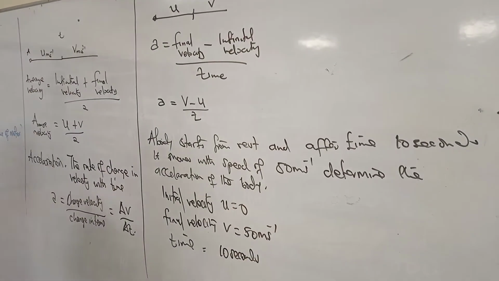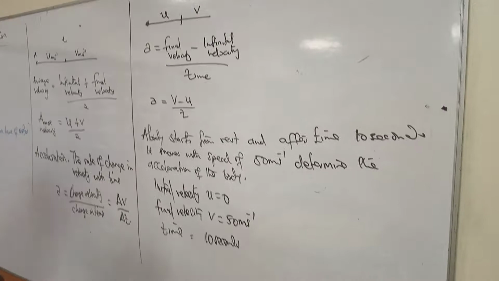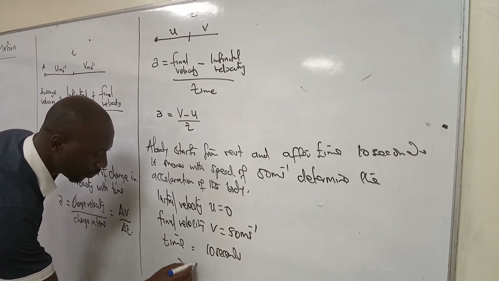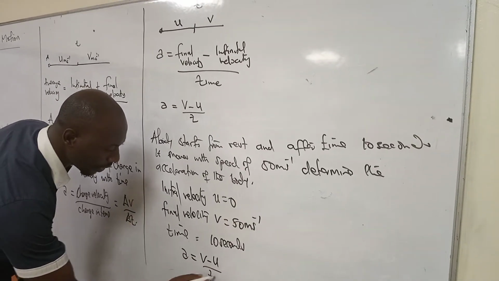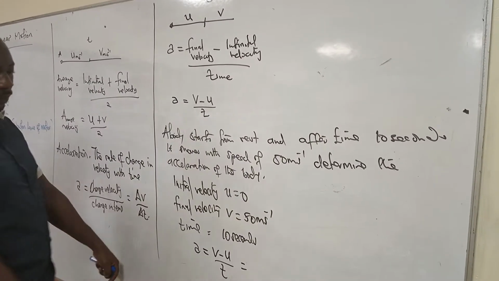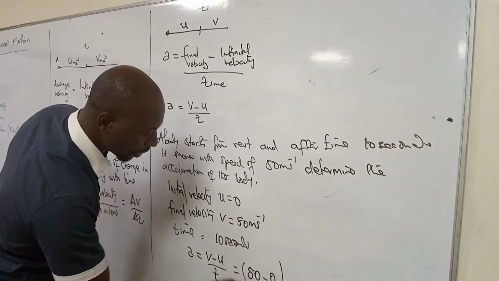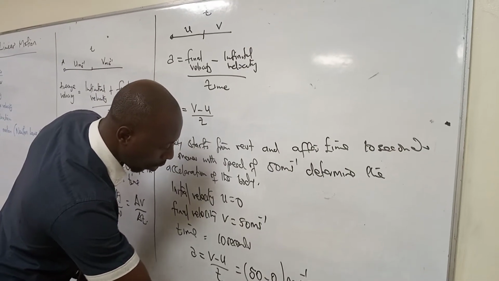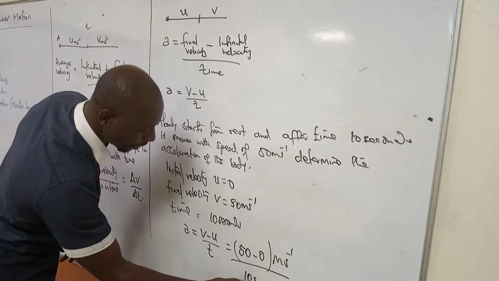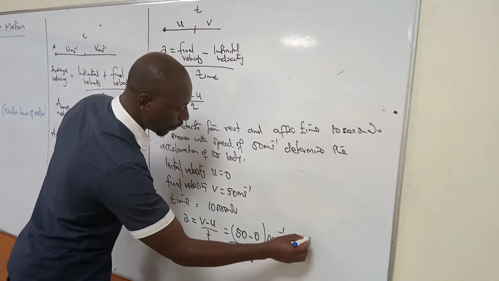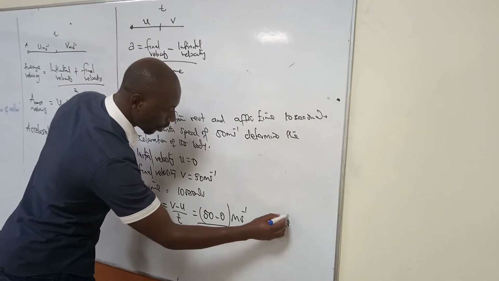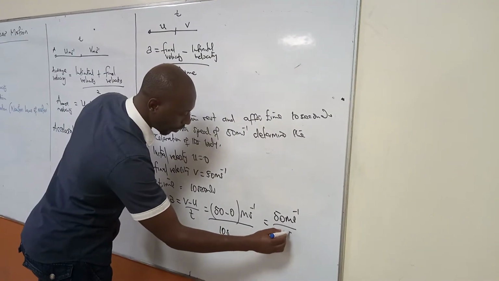So we are told to get the acceleration. We have defined that a is equal to v minus u over t. So this gives us 50 minus 0, this is in meters per second, over time which is 10 seconds. This gives us 50 meters per second over 10 seconds.